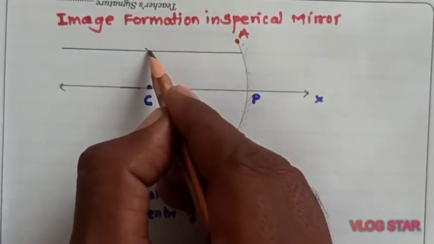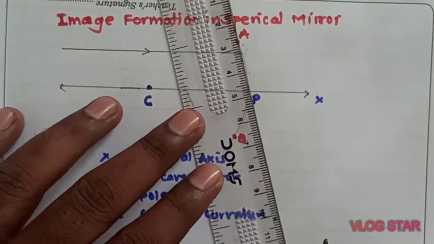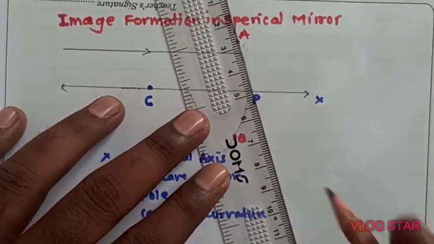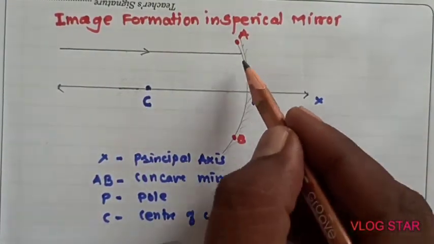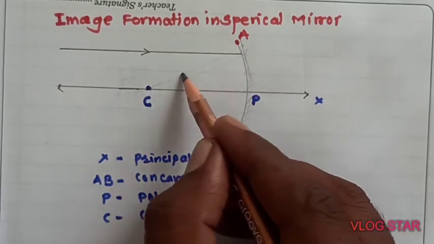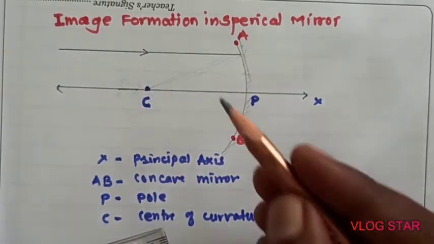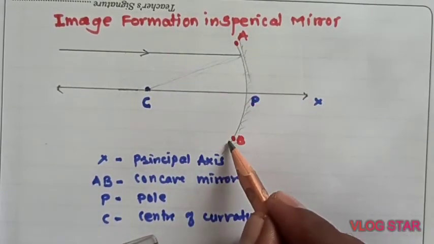Now this light falls, this is the direction. Now we'll take one tangent to this curve. So actually this is the direction of the surface, and the radius is always perpendicular to the tangent.